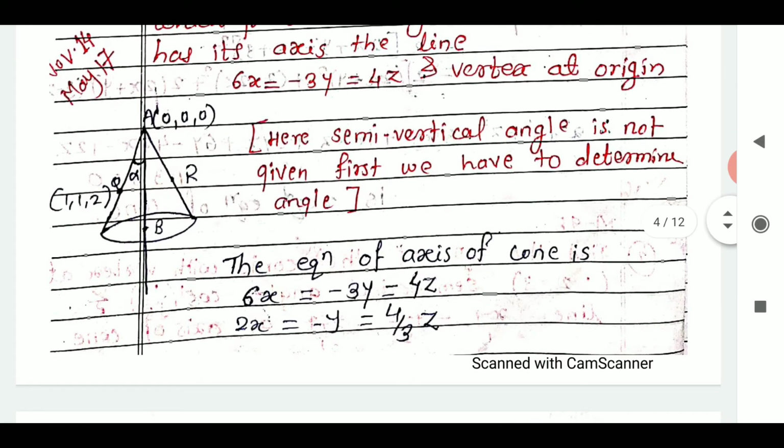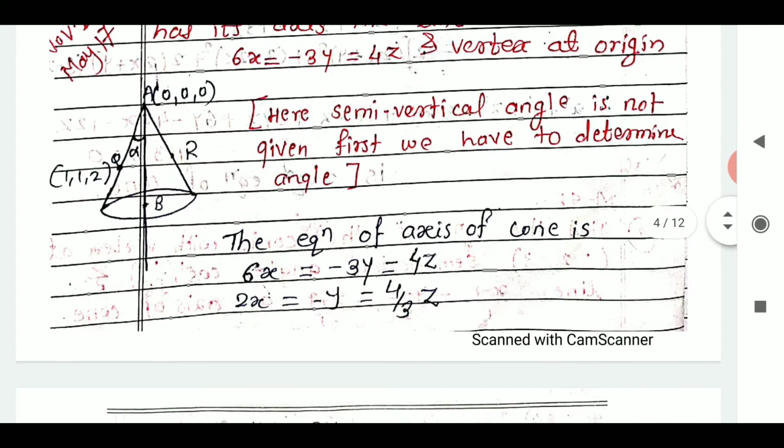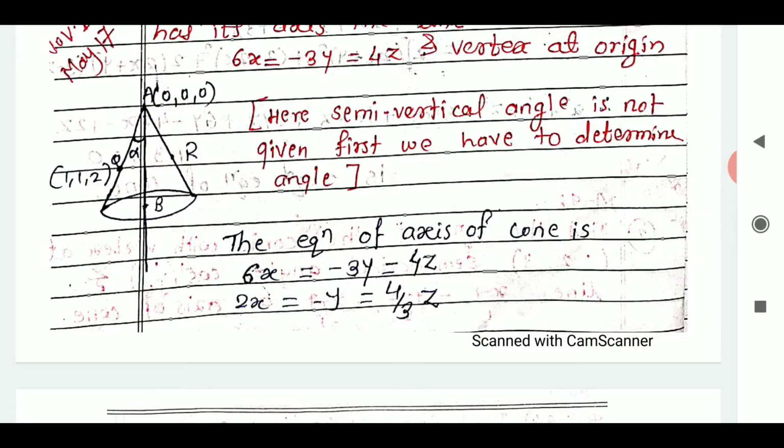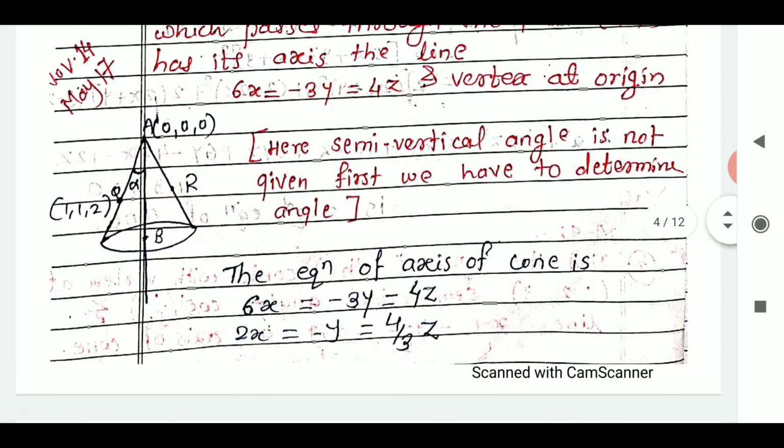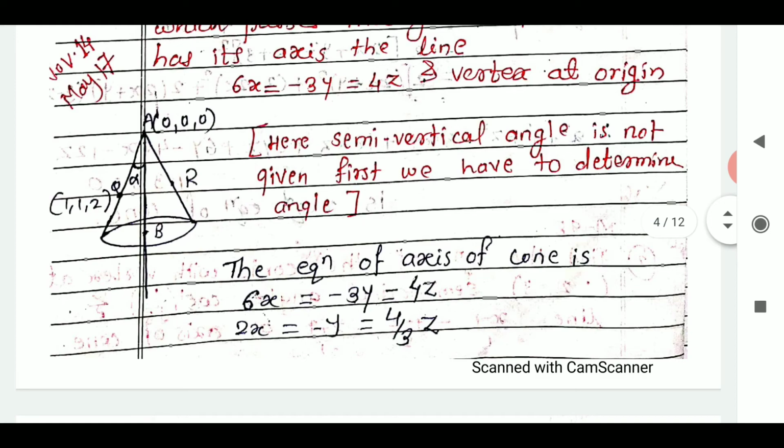Now for this, first we simplify the equation of axis. We are given the equation of axis is 6x = -3y = 4z. Now here we first write this in standard form. For this we make the coefficients of x, y and z equal to 1.